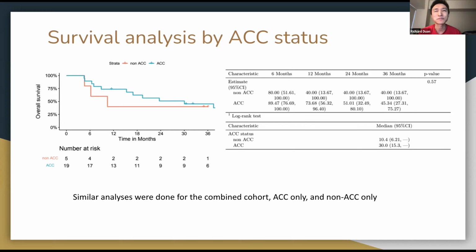And it wasn't significant either, although they do look kind of different. For the main figure, these two are needed because ACC and non-ACC are so biologically different, it doesn't make sense to combine. So I would rather show these two groups, PFS and OS.